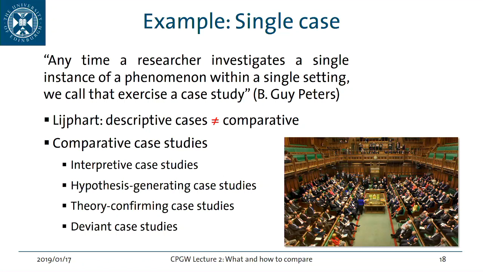So we could look at cases that seem to not confirm our usual way of thinking about the world. These would be cases that are very different from almost all other cases. Imagine you're looking at 50 democracies and one democracy does something wildly different. Then that's possibly enough of a reason to just look at that in isolation and work out why in the world they do things so differently than all the other ones in the same category.